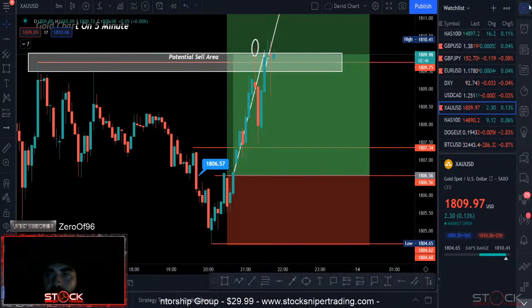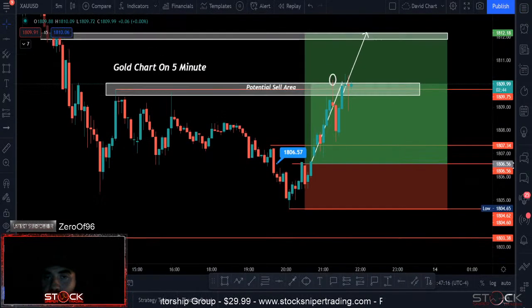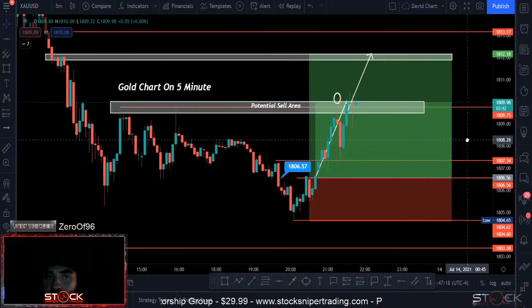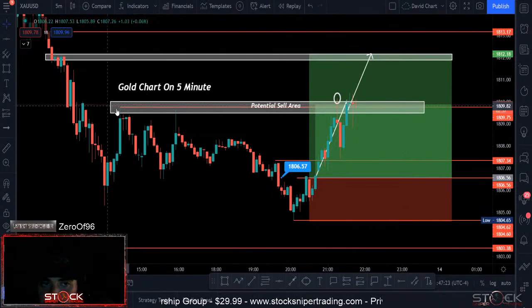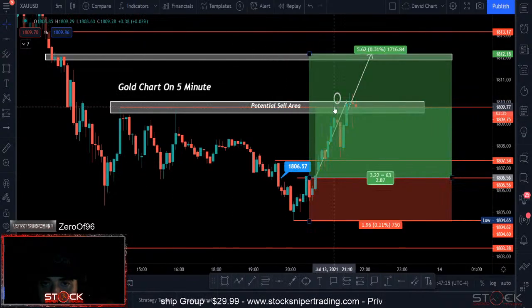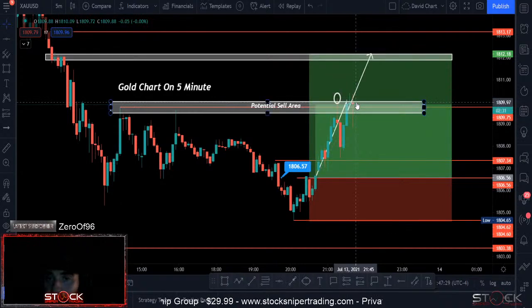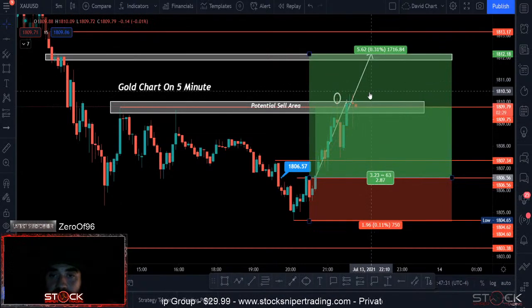Still forming, still holding strong. And if I erase the seller, you'll notice that red line that I have over here was forming some support around there. So that's the retest area that it might be following for potential continuation.